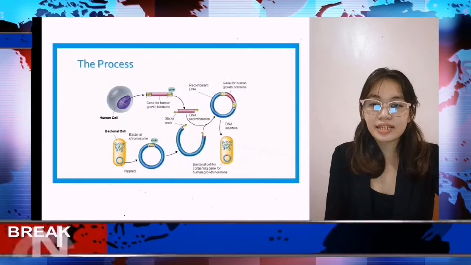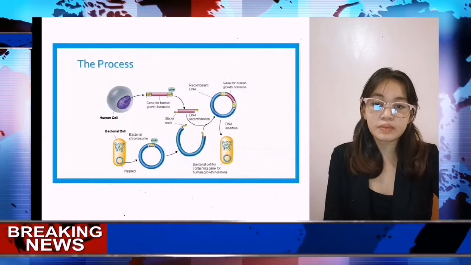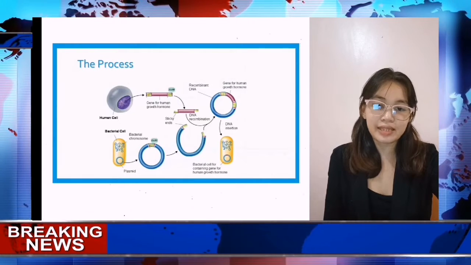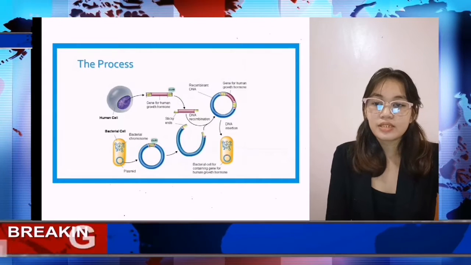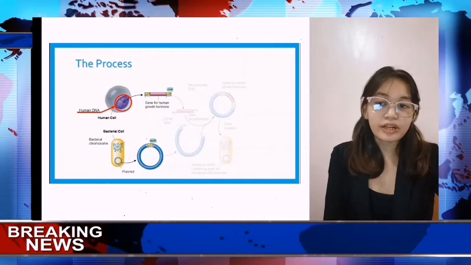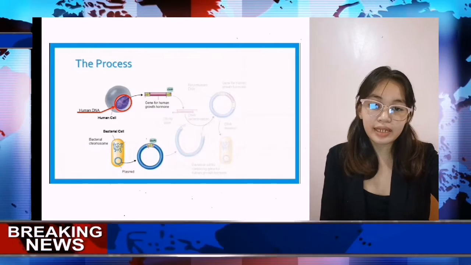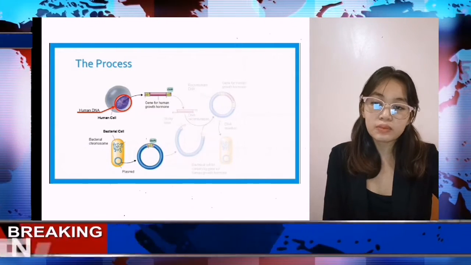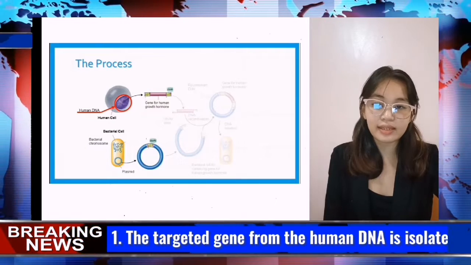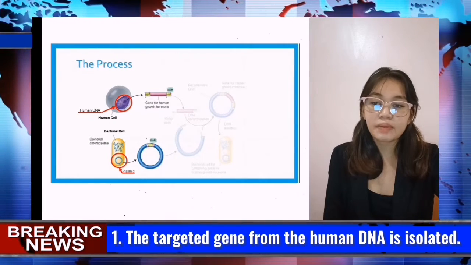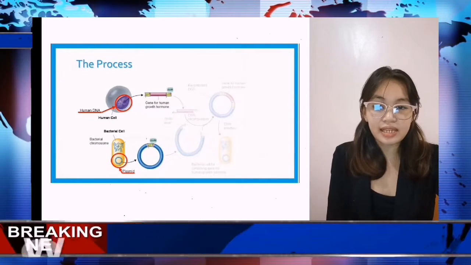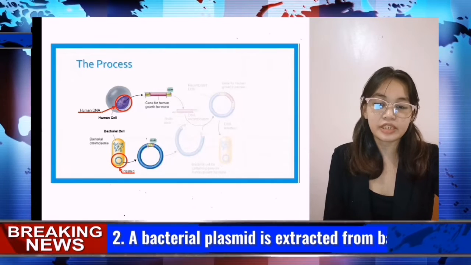So here is an overview of the process, but we will go through it step by step. First, the targeted gene from the human DNA, in this case human growth hormone, is isolated. And then a bacterial plasmid is extracted from a bacterial cell.